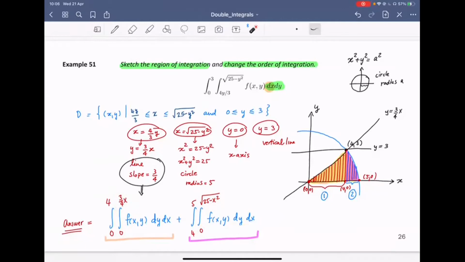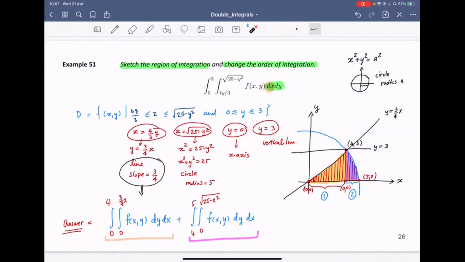Your outside boundary is going to be 0 to 4 on the first term, because on the orange area I start from 0 and end at 4. Then on the pink area, I start at 4 and end at 5. That would be a good example to practice for switching the region of integration.